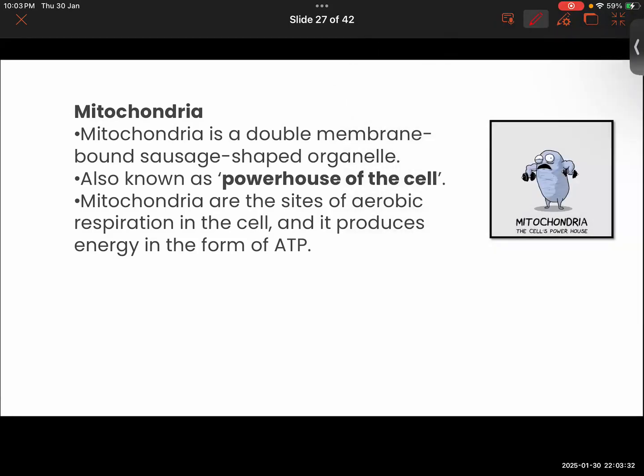Now it's finally the time for the powerhouse of the cell, that is the mitochondria. One thing you might recall is that in the 7th grade you must have learned about cellular respiration, right? So the site of cellular respiration inside the cell is this structure called mitochondria, and it has a double boundary around it.